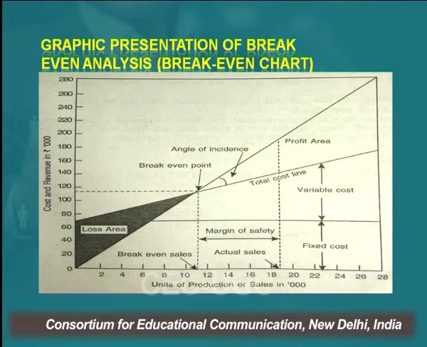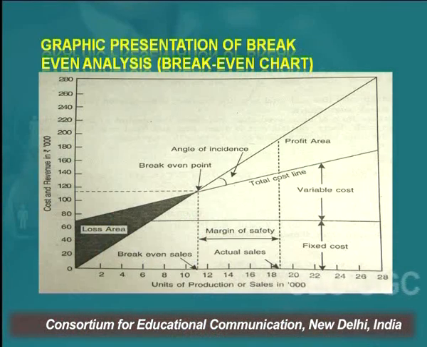So what is margin of safety? In my previous lecture also I told you margin of safety is the difference between the present level of sales and the break-even sales. So what you notice here is that supposing your firm is operating at 19,000 units level and your break-even is at 11,000 units level. So this difference between 19,000 and 11,000 is called margin of safety.